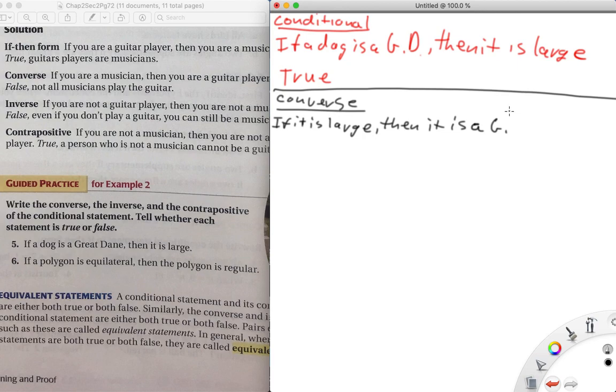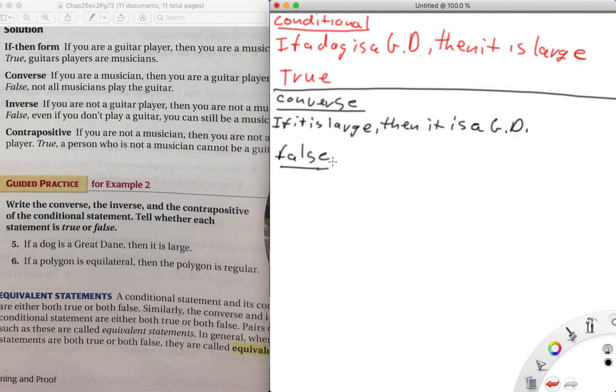I guess you would say if a dog is large. I should have switched that around. If the dog is large, then it is a Great Dane. This is false because we can think of lots of dogs that are big that's not a Great Dane.